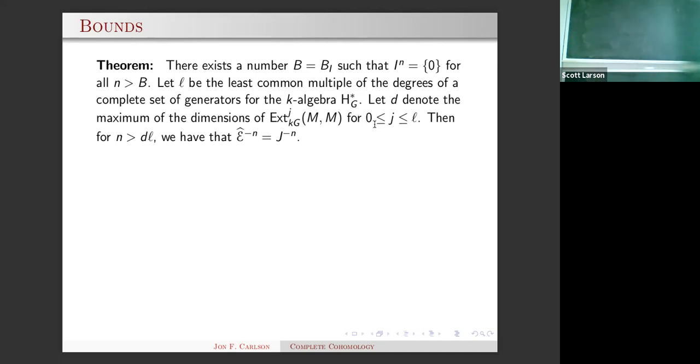The reason is that this I_n is stuff such that the dimension of the cohomology ring times the element is finite dimensional. Now, in positive degrees, this is going to be a finitely generated ideal.